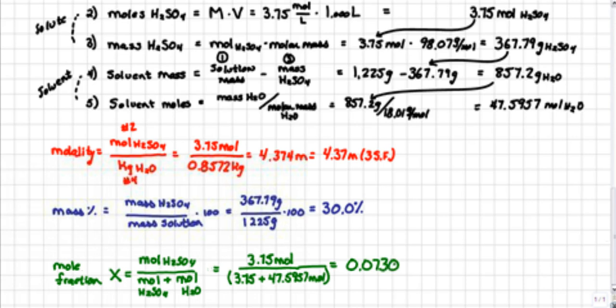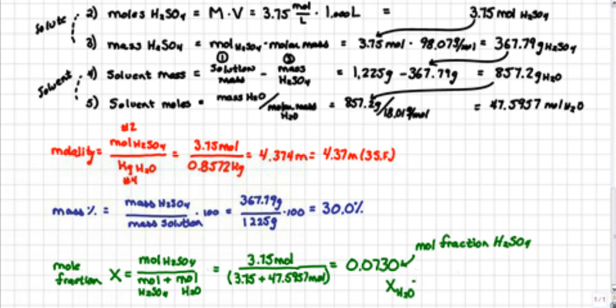Only a very small percent from a mole point of view is actually equal to the mole fraction of sulfuric acid. This is the mole fraction of sulfuric acid. Now, by the way, we can also calculate the mole fraction for water.